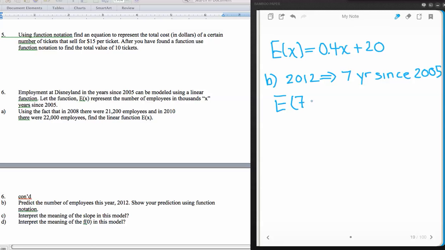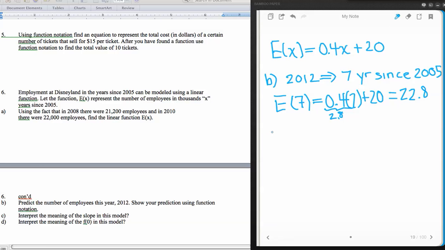And so once we put it in those terms, we see, oh yeah, it's just a substitution problem. So 0.4 times 7, and then plus 20. And so this is going to give us 2.8, plus 20, which is 22.8.